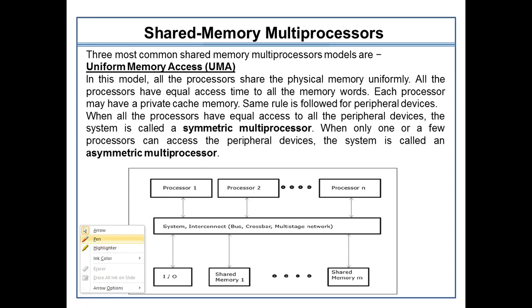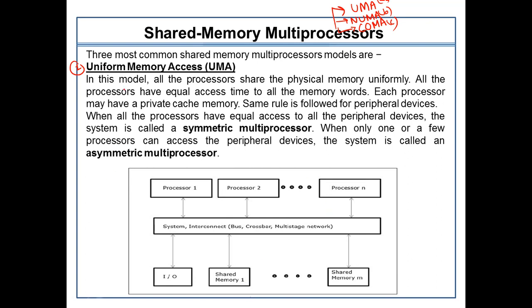So here is the first one, which is the uniform memory access. Broadly, the shared memory multiprocessors are classified as uniform memory access, non-uniform memory access, and cache-only memory access. So there are three categories of these shared memory based multiprocessors.